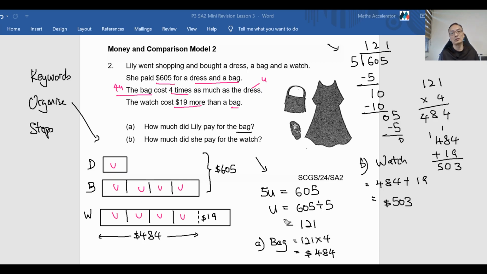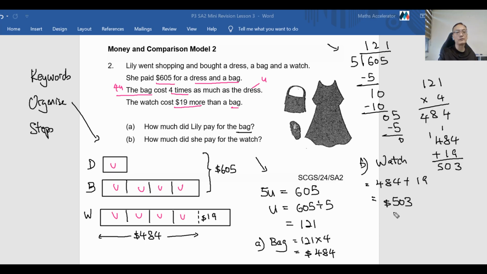So we found out that one unit is 121 and the bag is 4 times, so we multiply by 4 and we arrive at 484. The watch is $19 more than the bag. So we do an addition. We take 484 plus 19 and we arrive at 503.